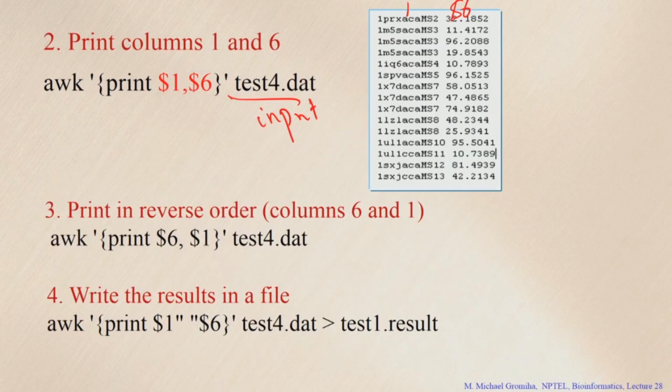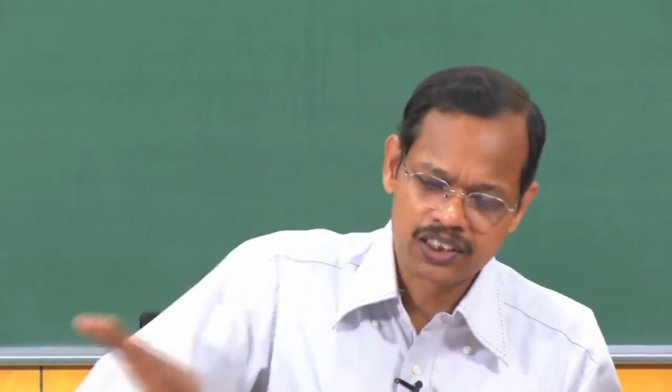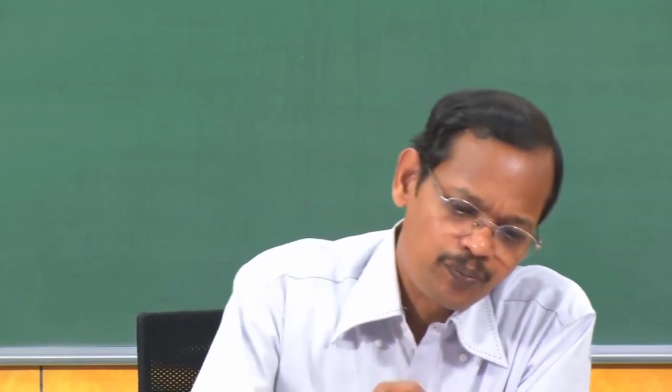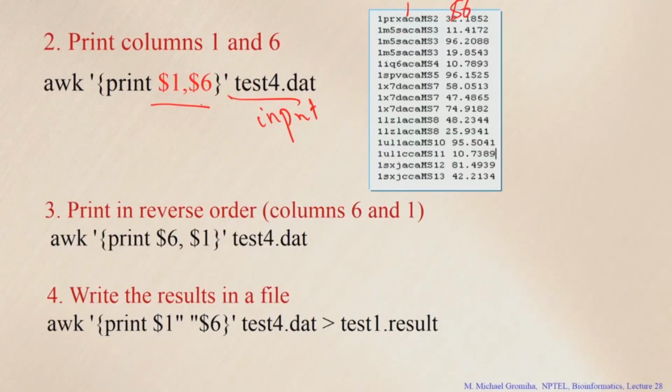Now, the question is whether it is possible to write in reverse order. I do not want 1 and 6; I want to write the results as 6 and 1, because I want to deal with the 6 first. Is it possible to write the data in reverse order? It is possible. It follows the same order that you give in the action.